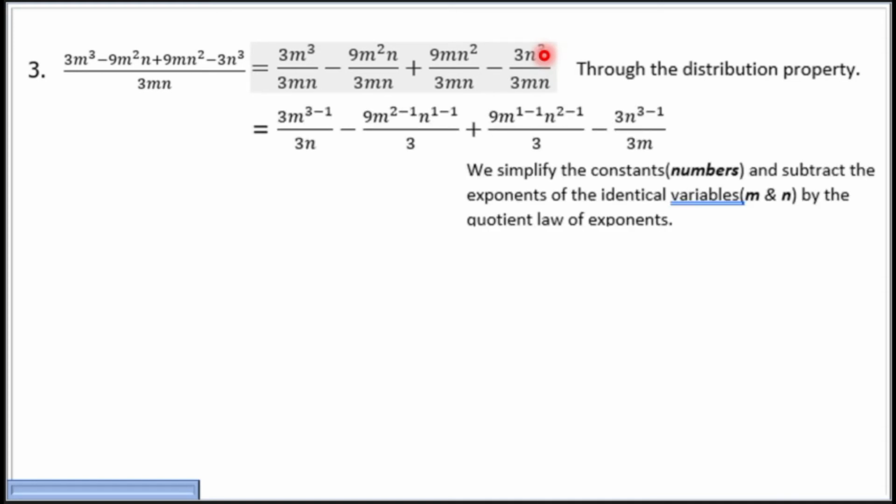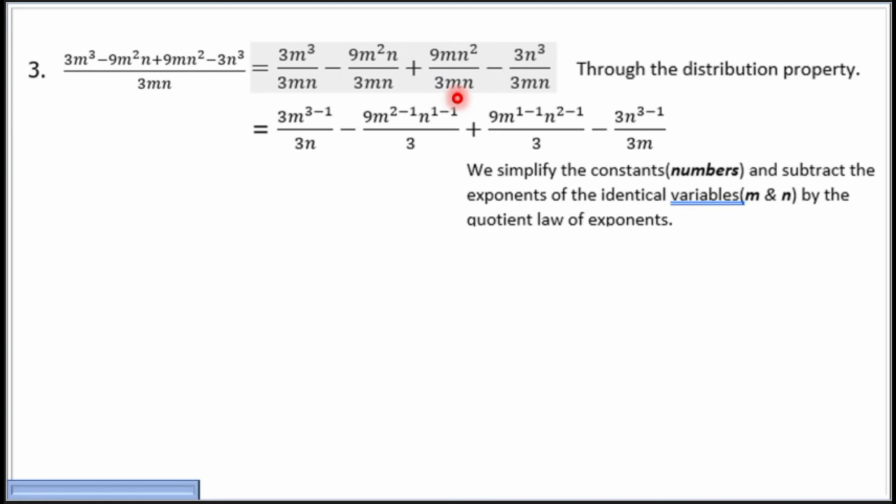Okay, here's the solution. It becomes 3m raised to the power of 3 minus 1, kaning m there is denominator, and nagbabilin ang n. So pabilin po ang 3, minus 9m raised to the power of 2 minus 1, isa man 1 diha, balihin to diha manang minus 1. Ang n kay parehas man, transfer po nato diha sa babaw sa numerator, n raised to the power of 1 minus 1. Plus 9mn squared over 3mn.